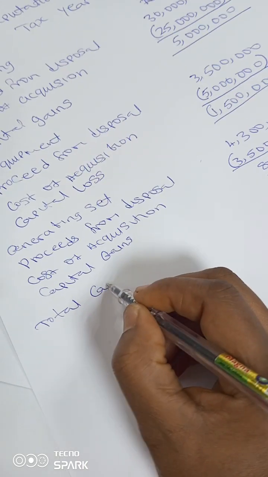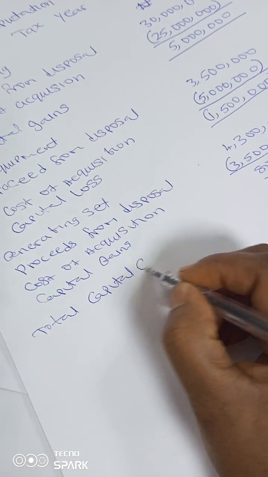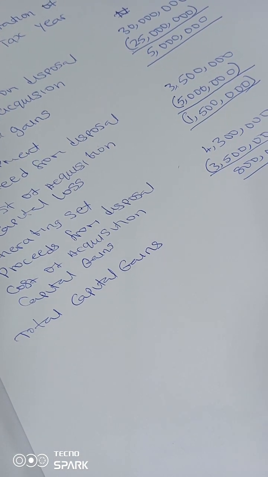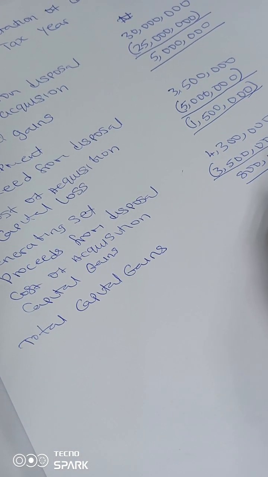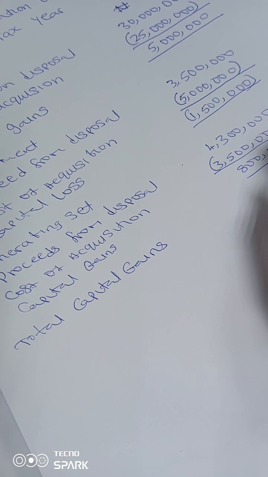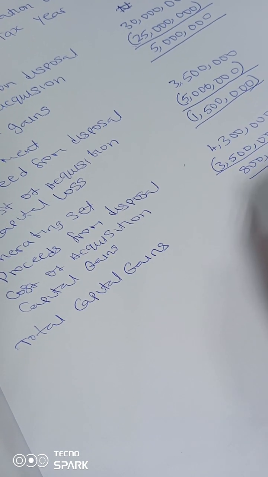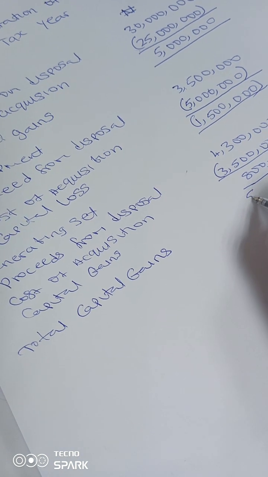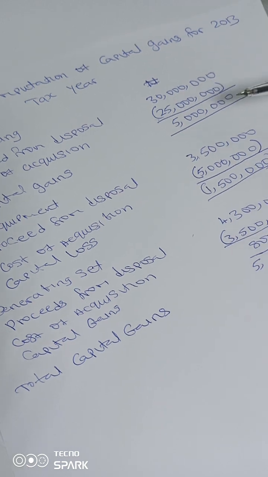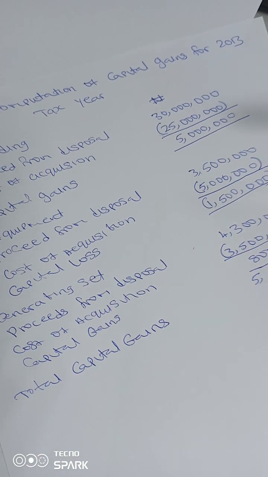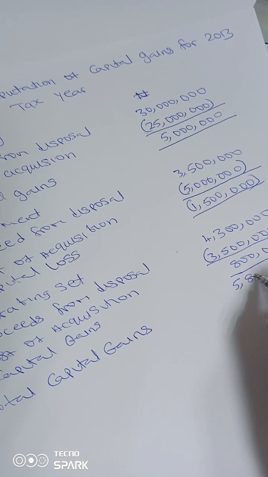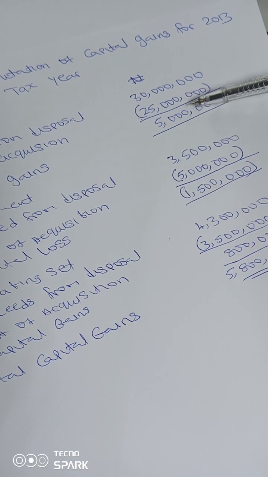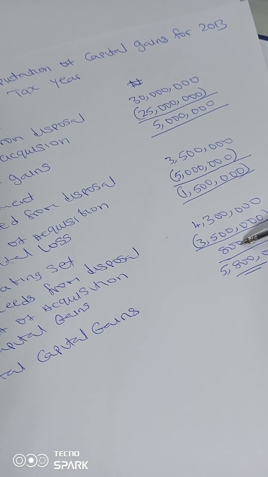So total capital gains. All the total capital gain here is going to give you 5,800,000. This 5 million here and this 800,000 here, I'm adding this one and this one together.